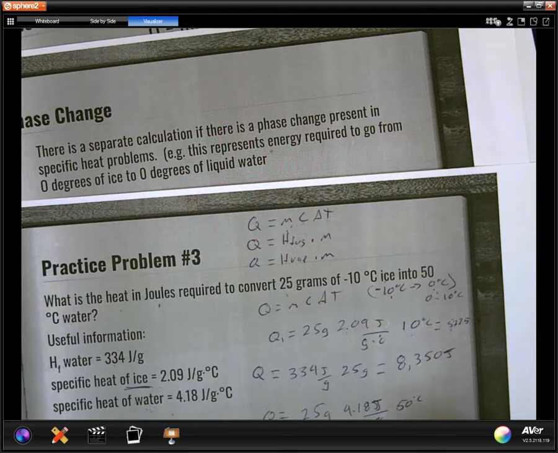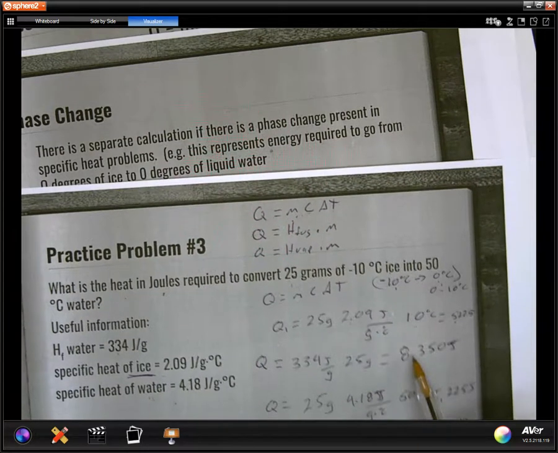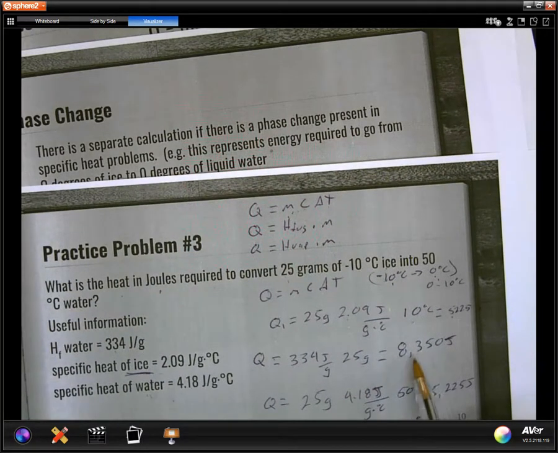Because my final temperature is 50 degrees Celsius and my initial was 0 degrees Celsius. So that's simply 50. When you do that math, it's going to come out to 5,225 joules. So you can see it takes an incredible amount of energy to simply convert just 25 grams of ice into water, and then it only takes about 5,000 joules to raise those 25 grams of water up to 50 degrees.